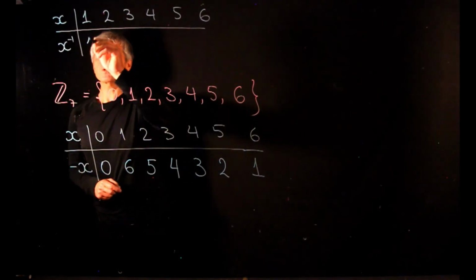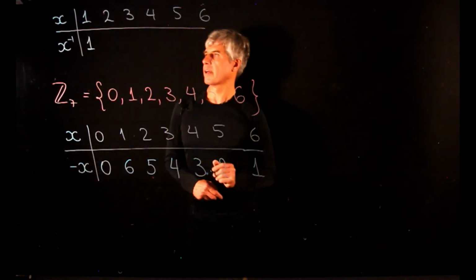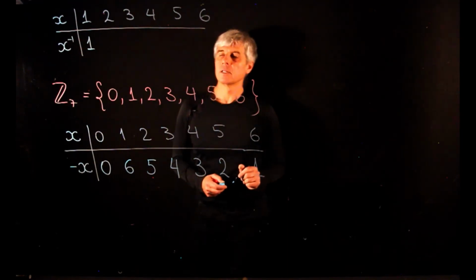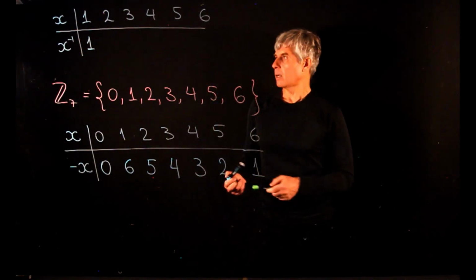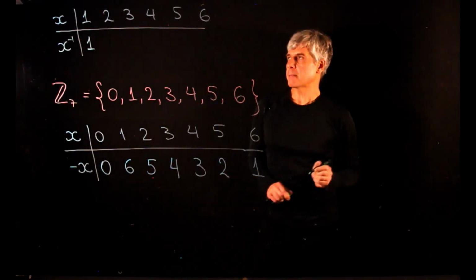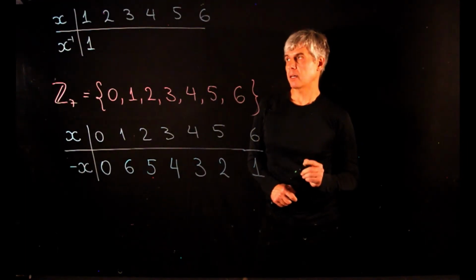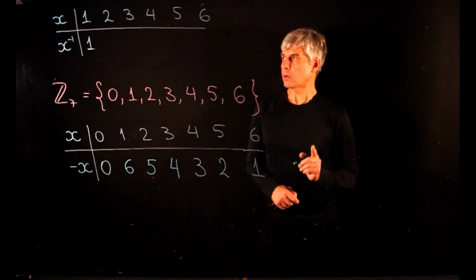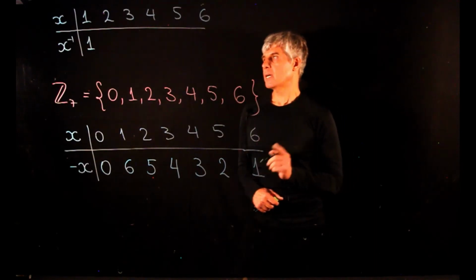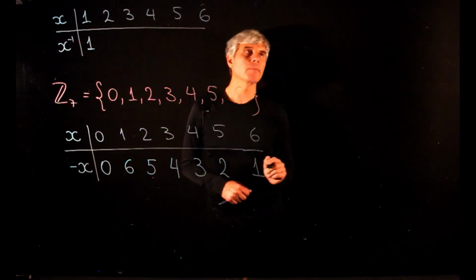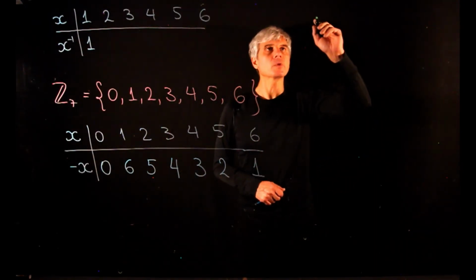Okay, well, the inverse of 1 is 1. That is easy to see. So then we already defined multiplication, and our goal is to figure out inversion using multiplication. So how can we do this?